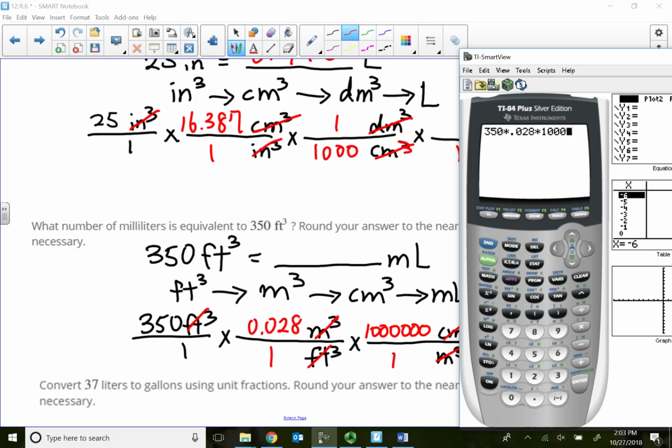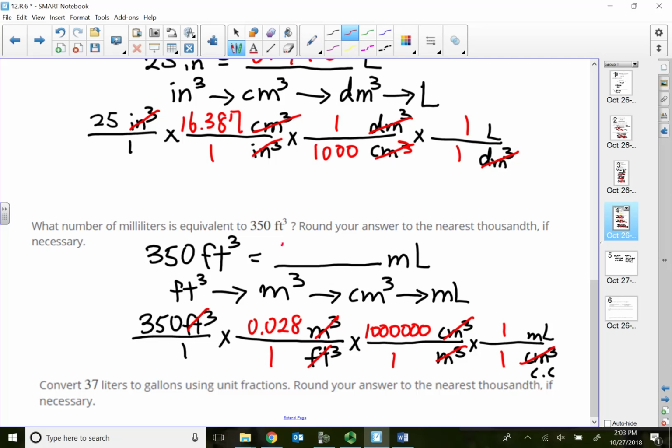Voila, 98 with 5 zeros. So that would be 9,800,000 milliliters.